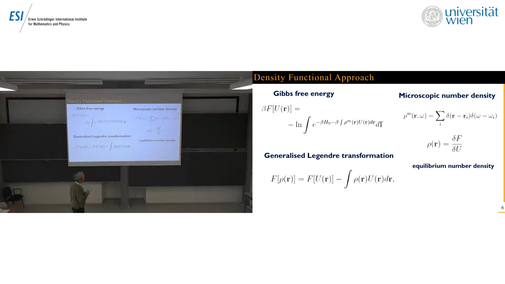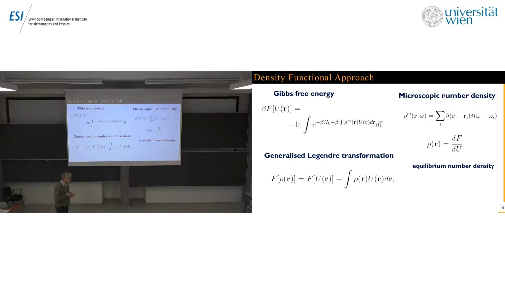This auxiliary field may depend on position and on orientation, as, for example, an external electric or magnetic field has orientation. So generally, this U depends on all variables, both translational and orientational degrees of freedom. And so that's the Gibbs free energy.